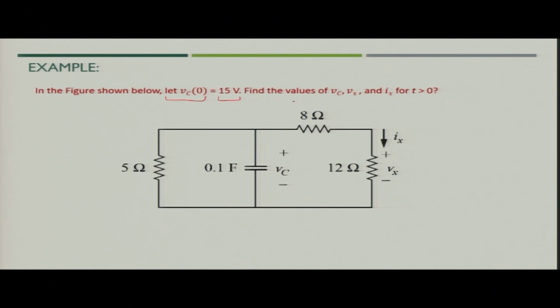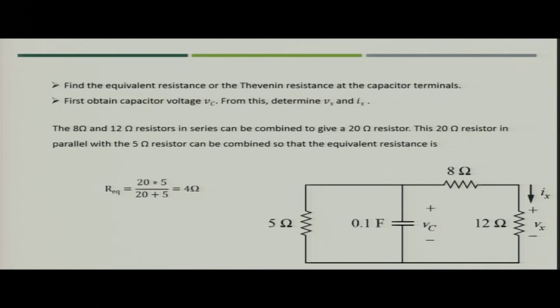We have to find the value of Vc, Vx and Ix for time t greater than 0, in terms of time t. So, first you will find the equivalent resistance, or Thevenin resistance, at the capacitor terminal, and then we will obtain the capacitor voltage Vc, and from Vc we will determine the values of Vx and Ix.